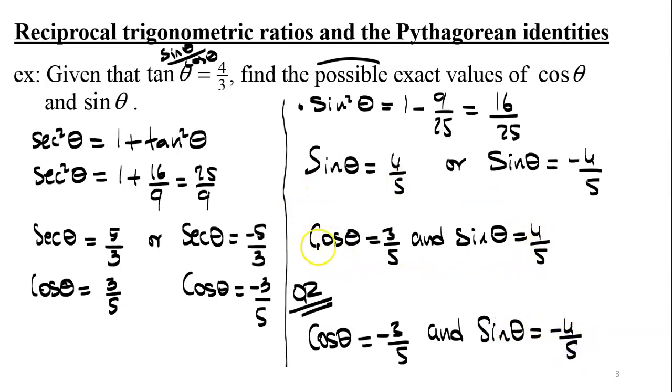So this pair of values of cosine and sine is one solution to the problem, and this other pair is another solution to this problem. We'd have to join these pairs together in order to give the correct solutions to the problem. Of course, over here, following any indication we have in the given, like for example here, we had that tan is positive, so we knew that cosine and sine must have the same sign. They should both be positive or both be negative.